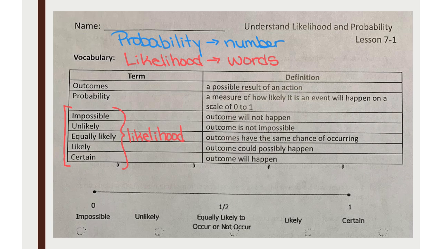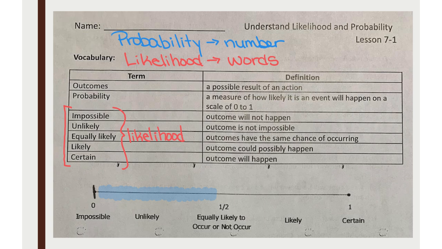Equally likely is the middle part. That's your coin flip. You only have one of two options. It's a 50-50 chance. But then you have the span between. Between the 0 and the 1/2, this entire section is considered unlikely. From 1% to 49.999% is unlikely. So we're just going to mark up our scale a little bit.